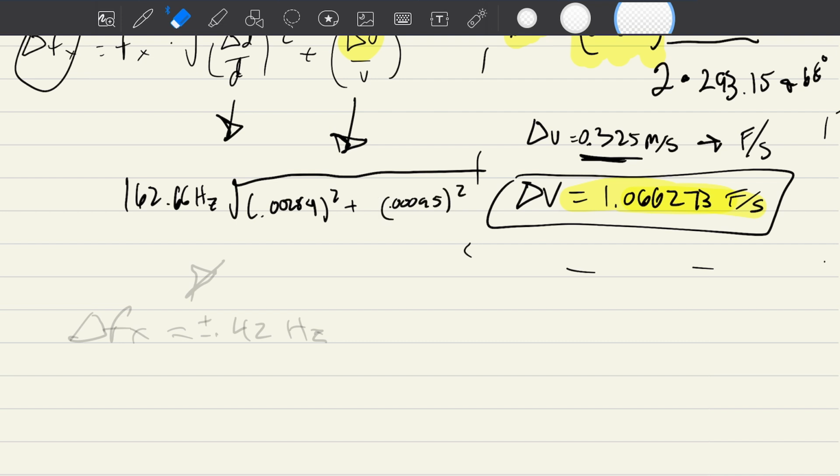And by completing this calculation, we should find delta f of x, which happens to equal 0.42 hertz. So that means our calculation could be plus or minus 0.42 hertz. So pretty accurate math on our part there.